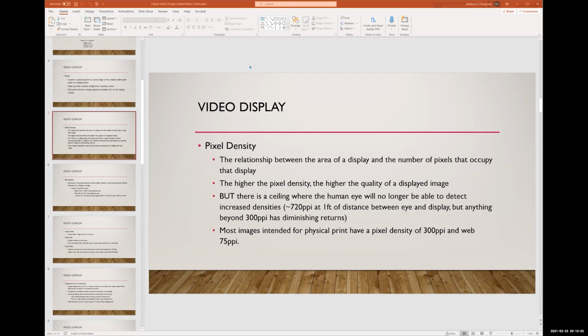So in rendering and generating media for digital display, you have to keep in mind that there is a very pronounced bottleneck in the type of display that's being used, and that bottleneck is pretty consistent across pretty much all cases. But we do have to be mindful of pixel density versus physical display size.